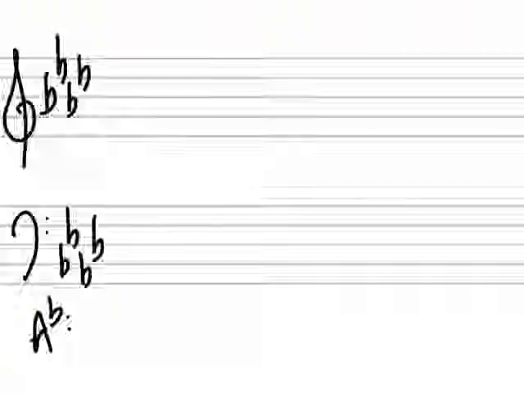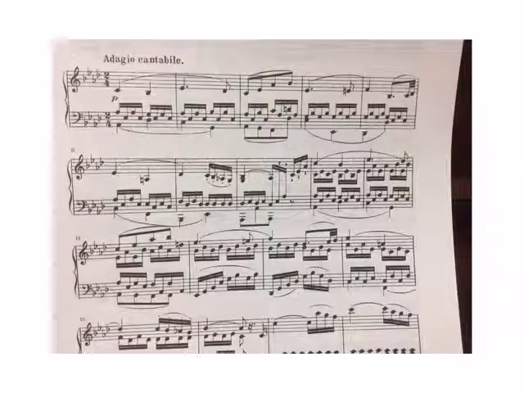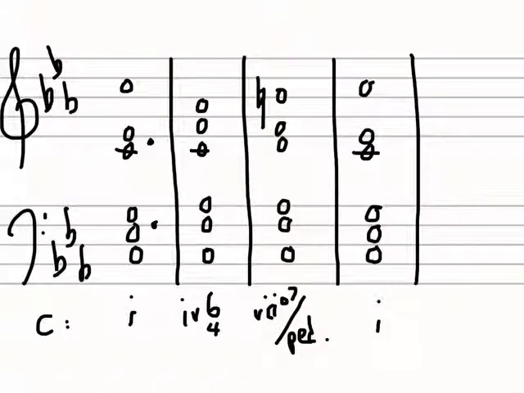So let's put in our key signature. 4 flats, A flat major, and remember that we have the A flat, E flat, A flat, and the C in the melody.